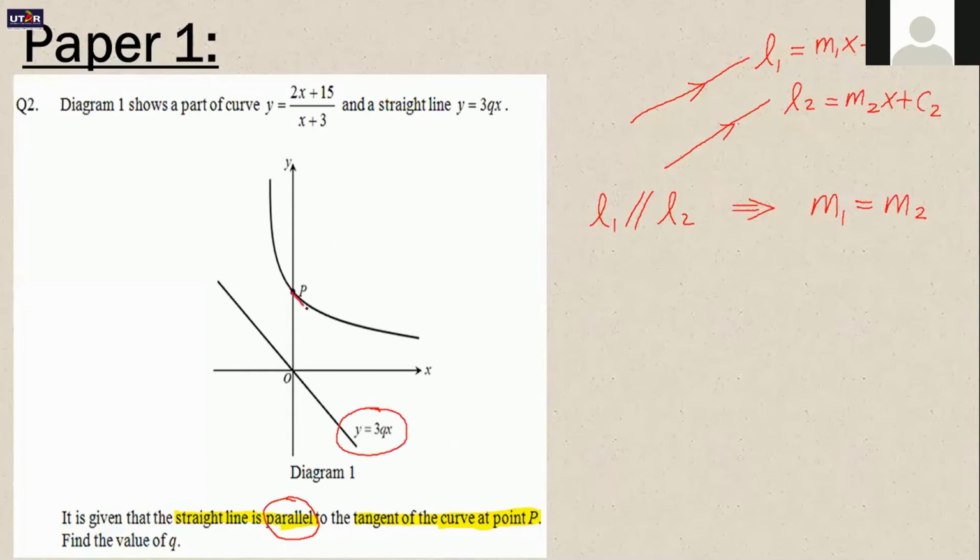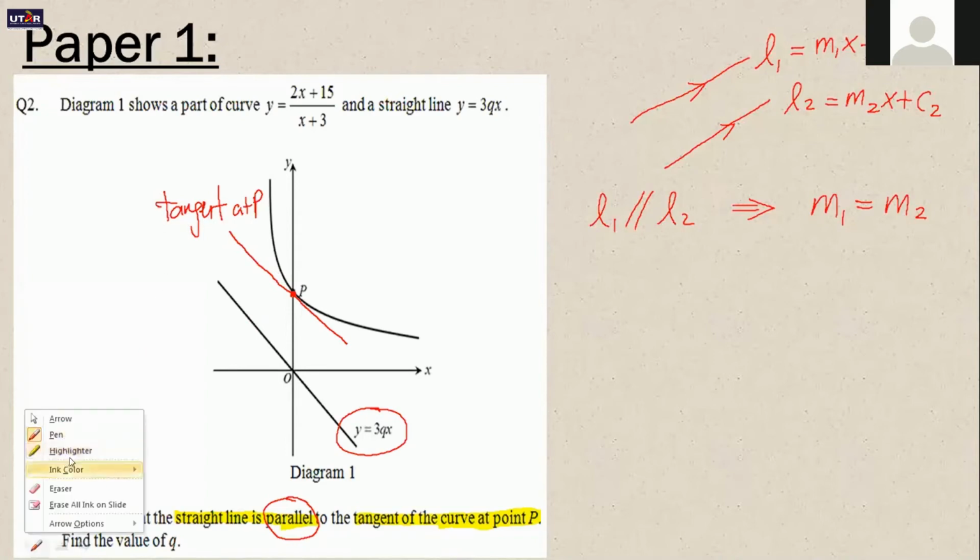So if you have a tangent line here, sketching, if this is a tangent line at point P, it means these two gradients will be the same. So what is the gradient of the tangent? Gradient of tangent means dy over dx.